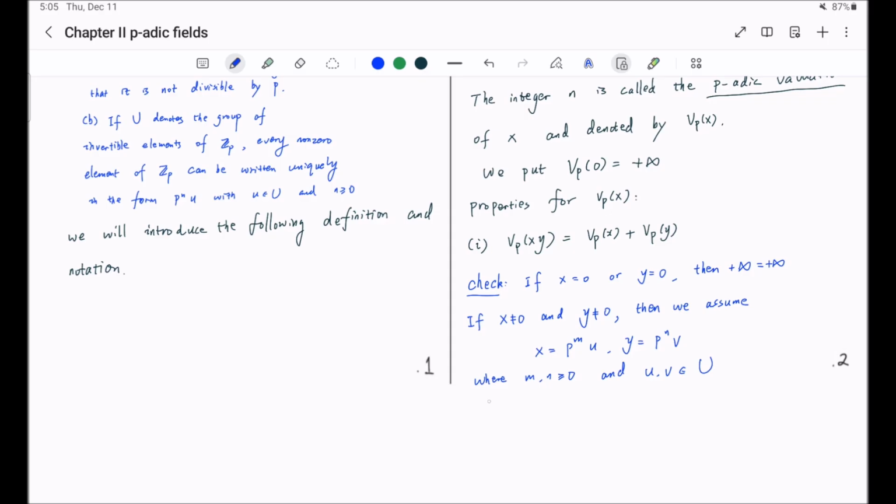Immediately, we have their product equal to p^(m+n) uv.